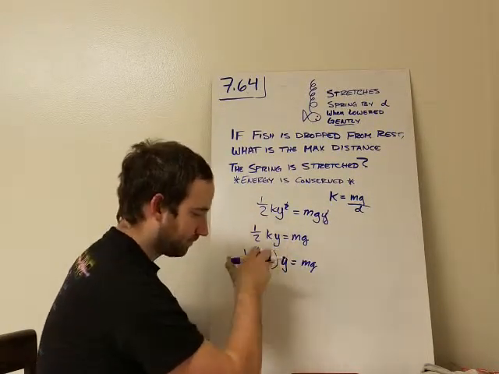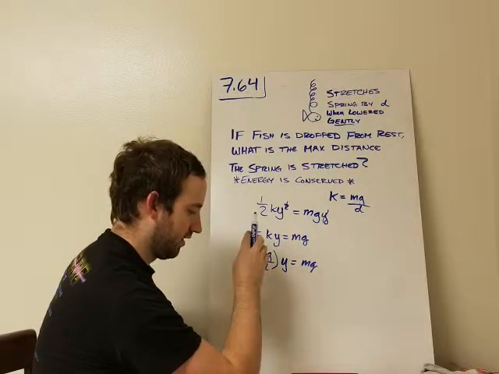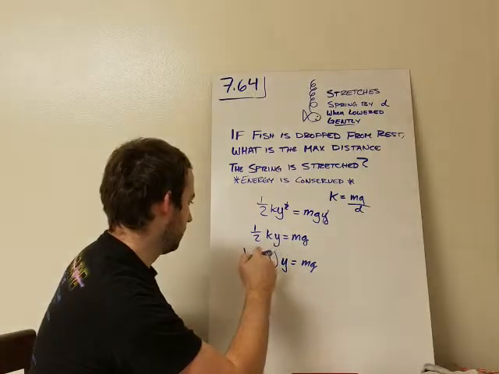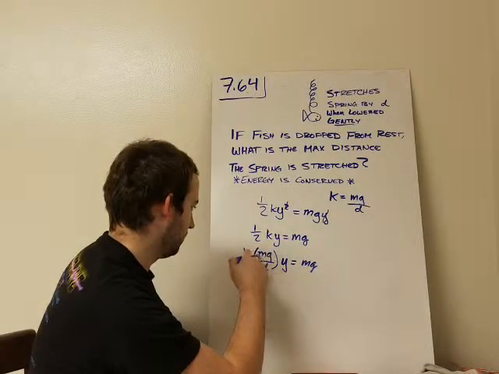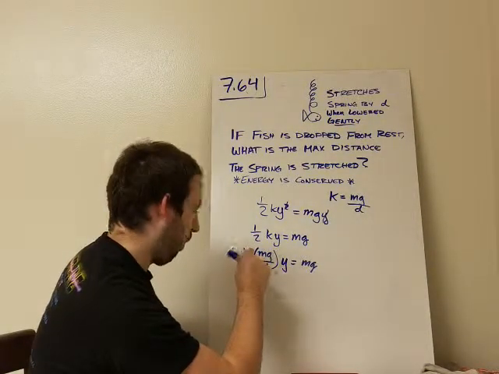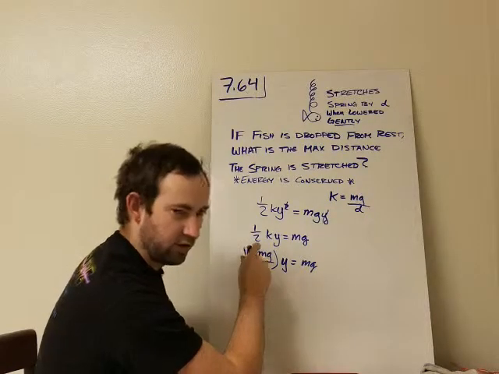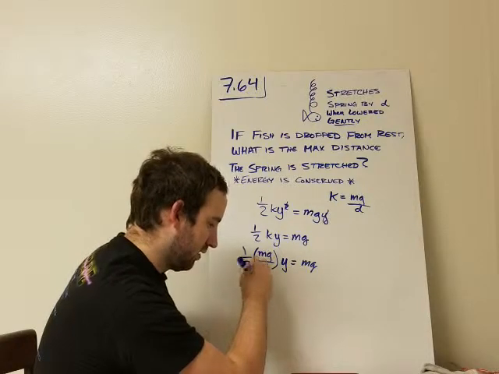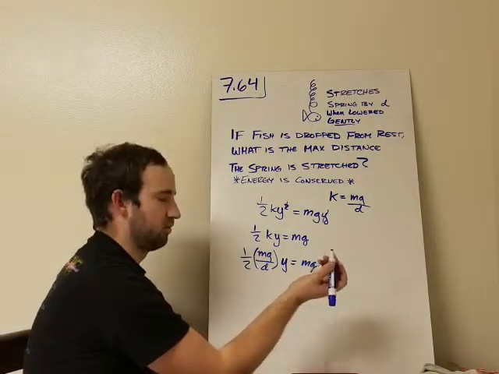Perfect. So we have that now. Trying to read my own writing, it's hard to read. So we plug that in, and then we solve for y, because that's what we're looking for.